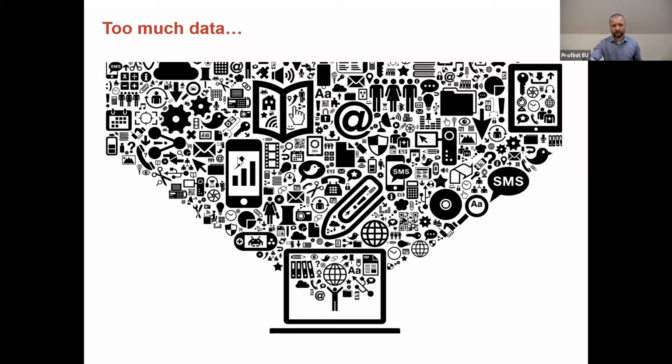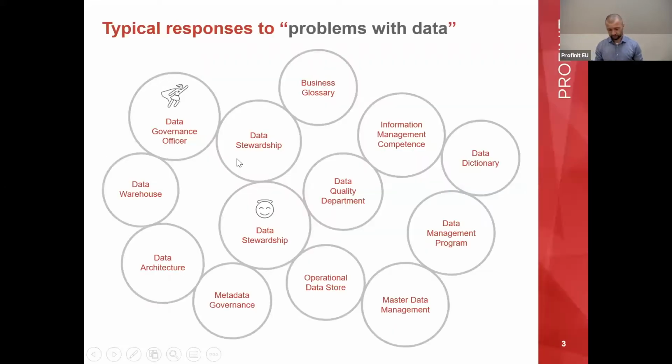And if we try to do something with data in our companies, we take different actions, but we typically consider data as a problem. We say we have problems with data, we have to resolve it, and we do a lot of different activities. We run corporate programs to establish data management or data governance programs.